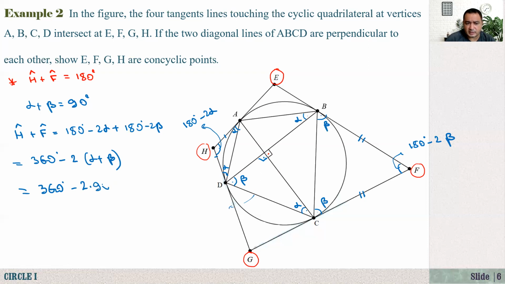That is equal to 360 minus 180, which is 180 degrees, which means that the points E, F, G, and H are cyclic.